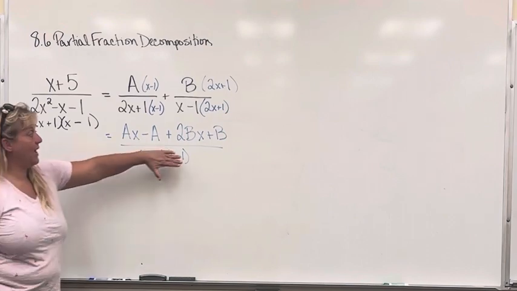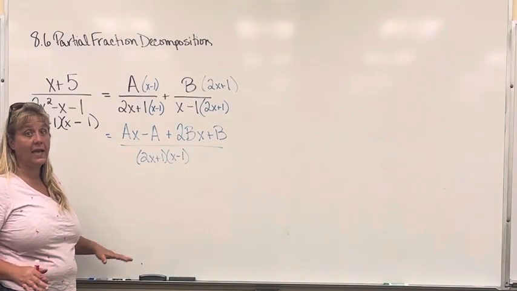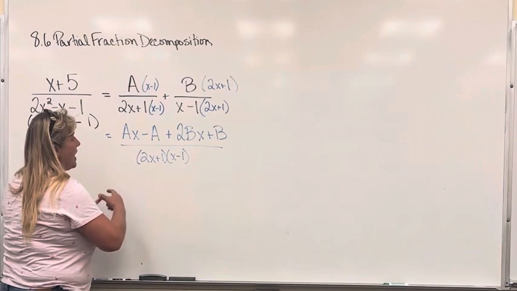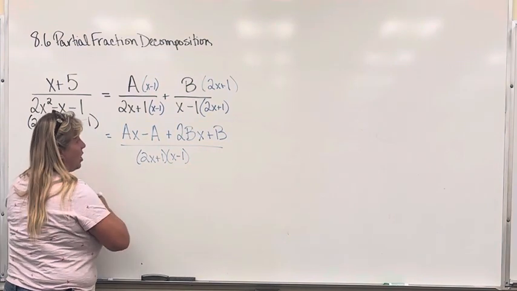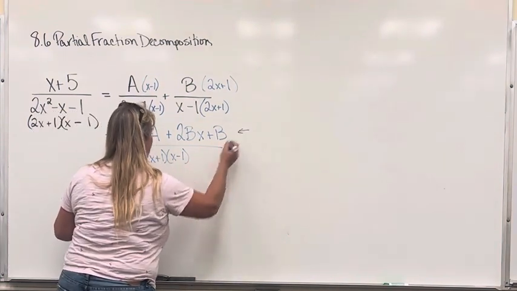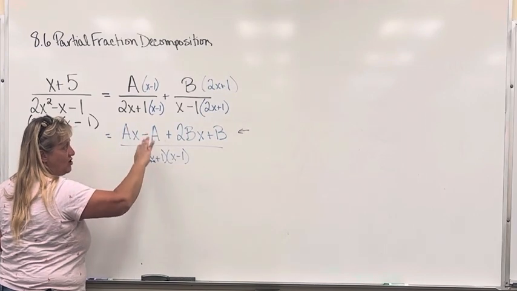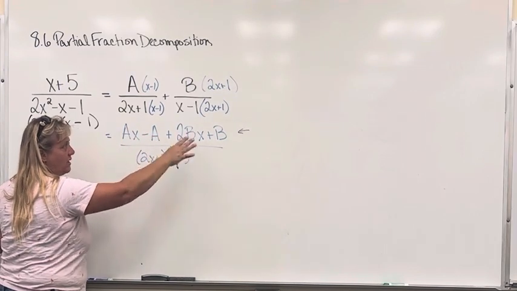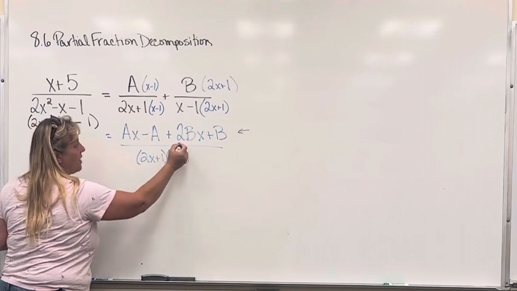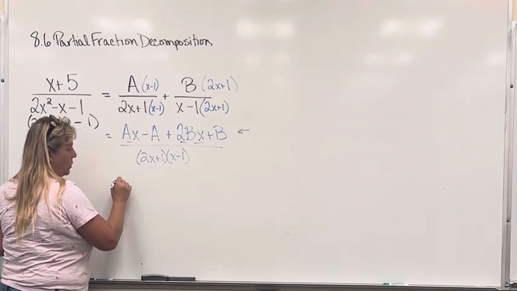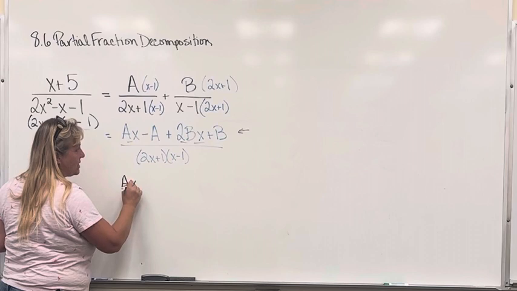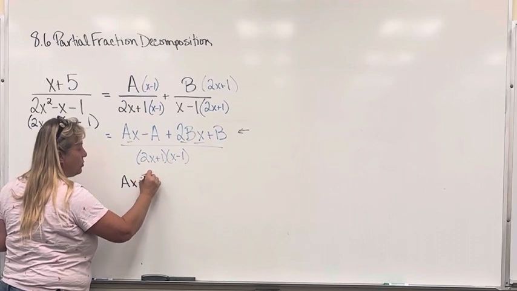Now, we can forget about the bottom of the denominator. We've taken care of the bottom of the denominator. Now we are going to focus on the top. And what we're going to do is we're going to arrange this with the x's together and just the constants or the letters together. So notice how this guy and this guy, we could write that as ax plus 2bx.